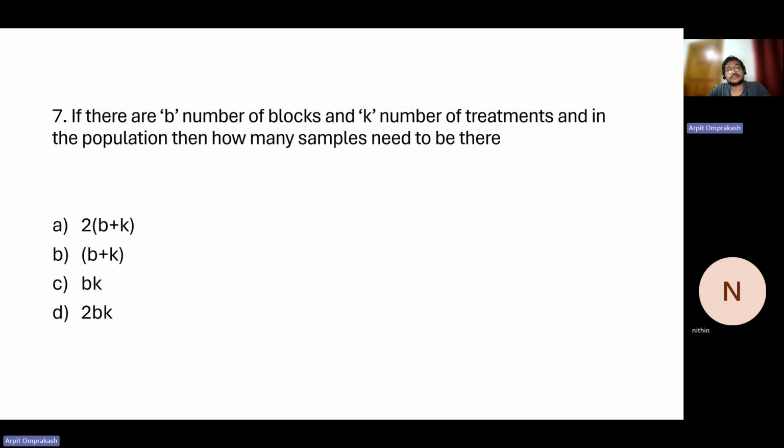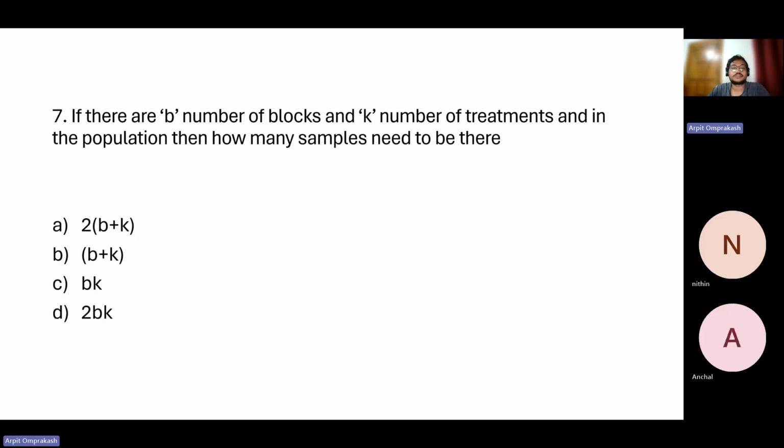The next question is, if there are B number of blocks and K number of treatments in the population, then how many samples need to be done? Okay. So we are talking about ANOVA now. So let's say we have B number of blocks and we have K number of treatments. Right. So then how many samples do we need?